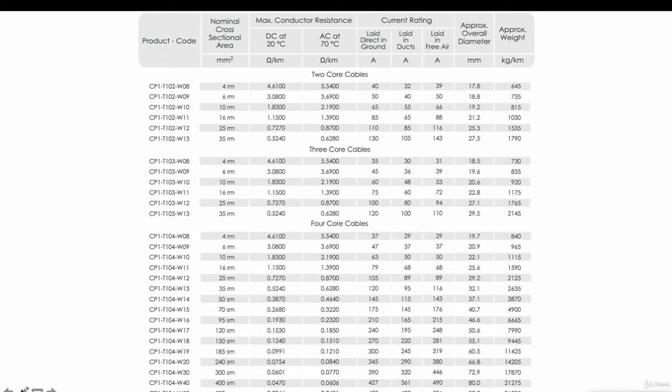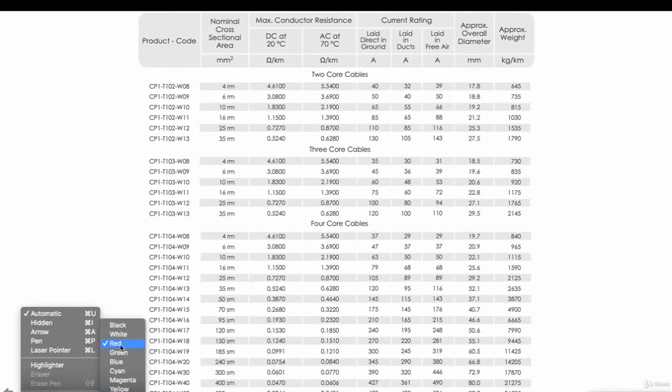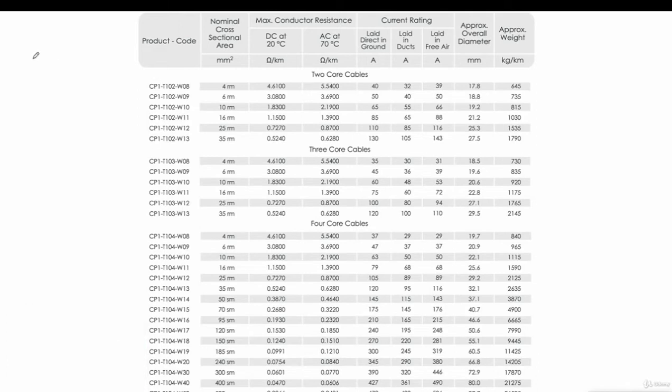This table is for copper conductor, and insulation PVC by PVC, inner insulation and outer insulation PVC by PVC. And this table is for multi-core cables.